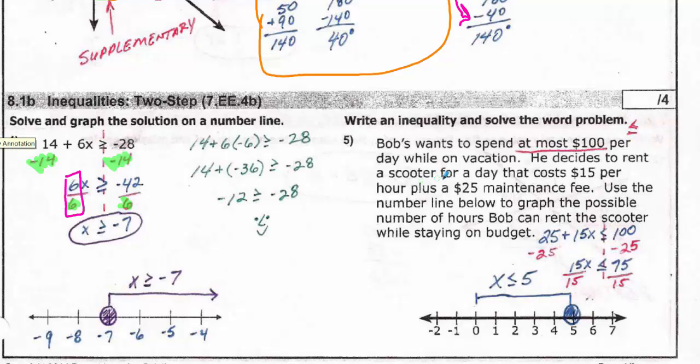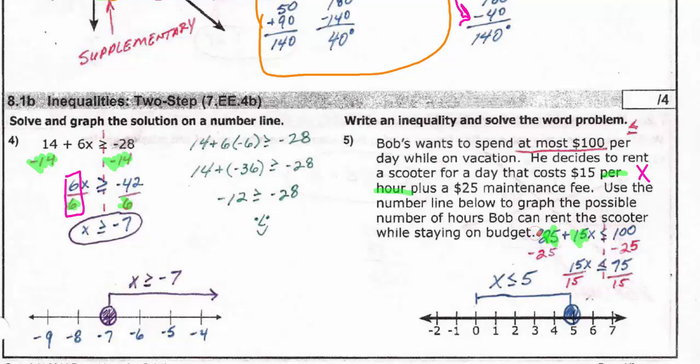So he's going to rent a scooter that costs $15 an hour and a $25 maintenance fee. Here's that $25 maintenance fee, plus $15 for every hour. In this case, the number of hours is x.